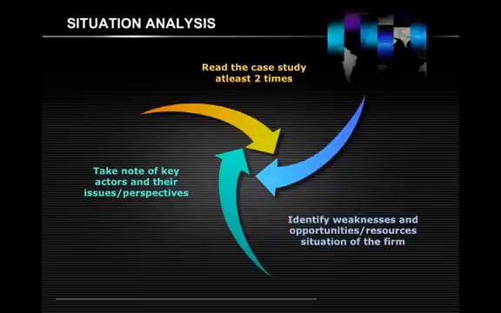Subsequently, once you're done with the basic listing of the key actors and so on and so forth, now you start with a brief analysis of the strengths, weaknesses, opportunities, and resources situation of the firm. So in that sense, you're essentially doing a SWOT analysis of the company based on the narrative as well as the data given in the case study.